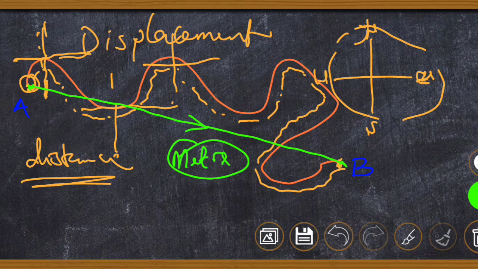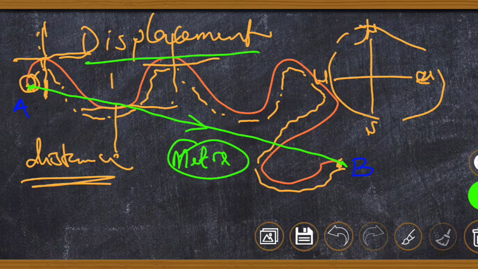We can measure the distance of an object along different directions, but the displacement of an object can be measured only in a single direction. Displacement depends on the position of an object at a specific time, the location of the object. That's what displacement is all about.